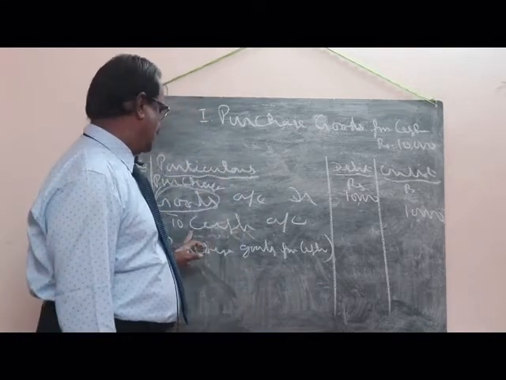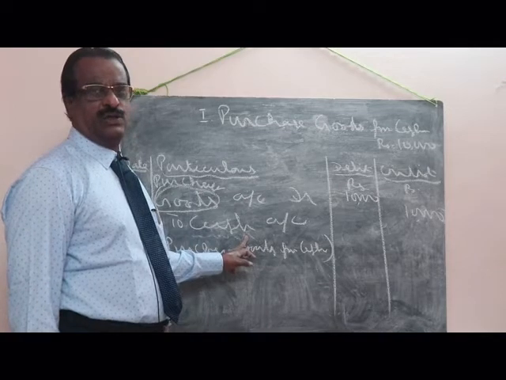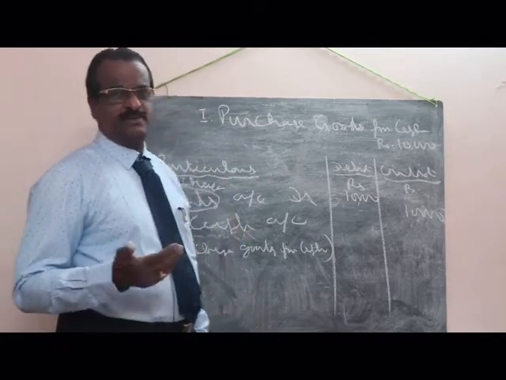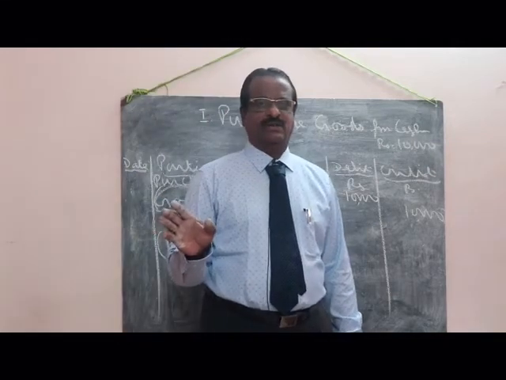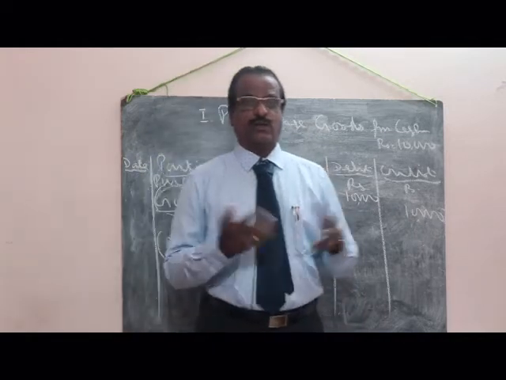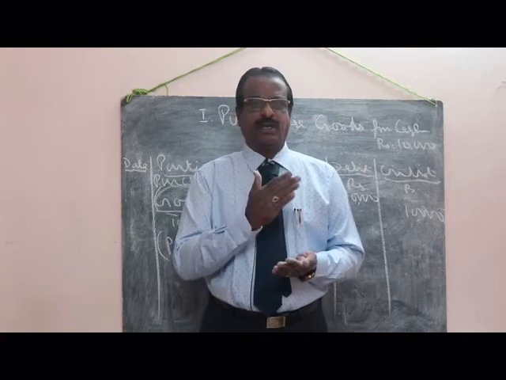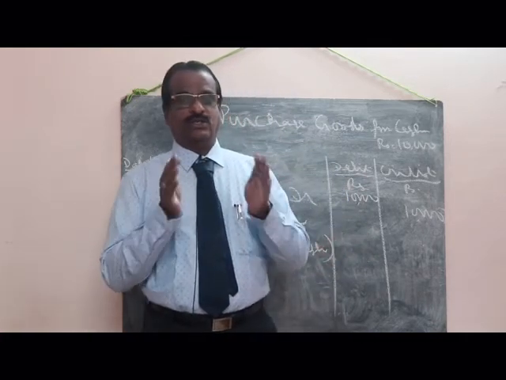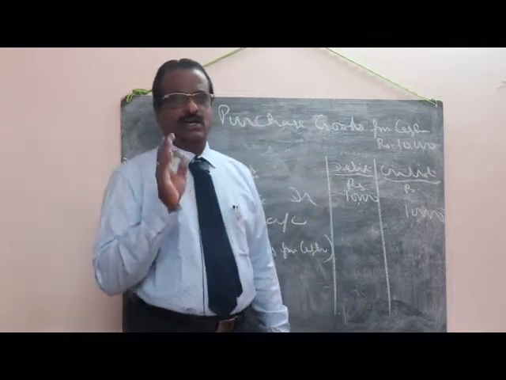What goes out? Cash. Goes out is a credit. So to cash account. You must practice like this. You don't mug up. Most of the students don't know why you debit purchase and why you credit cash. You must use the rules. It will be very useful for accounts.